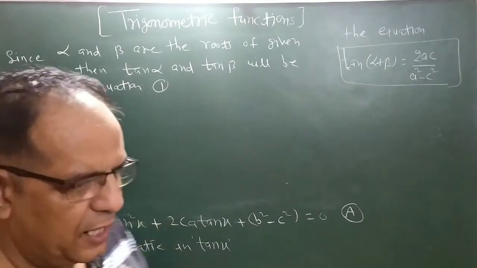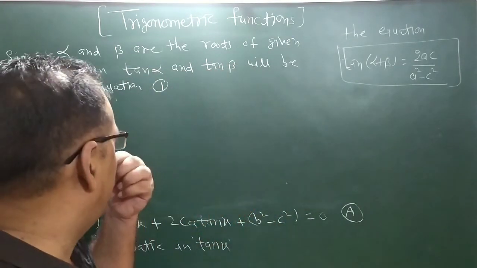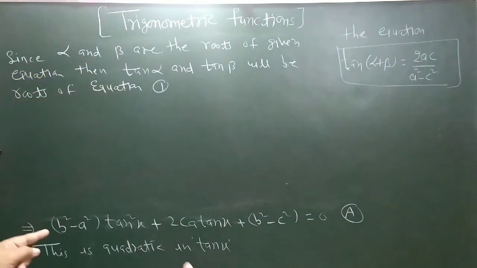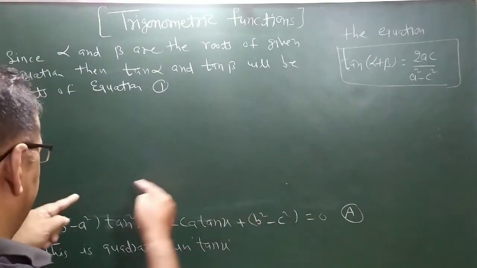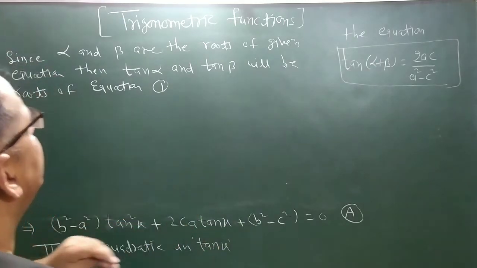In the starting, the given trigonometric equation was not in the form of quadratic, but clearly this equation is quadratic in tan x. So roots of this quadratic equation will be tan alpha and tan beta.